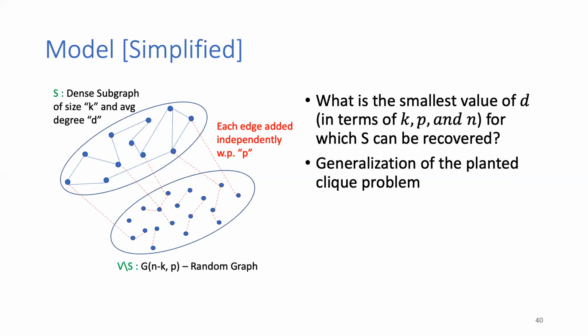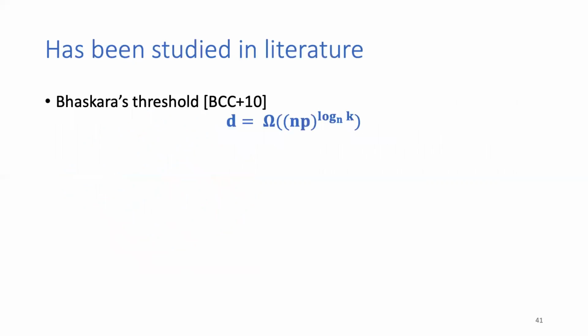This is a generalization of the planted clique problem, and both this particular problem and the planted clique problem have been studied in the literature. This paper by Aditya Bhaskara gives a threshold of d equal to omega of np to the log k base n, and our threshold is maximum of pk comma square root np.